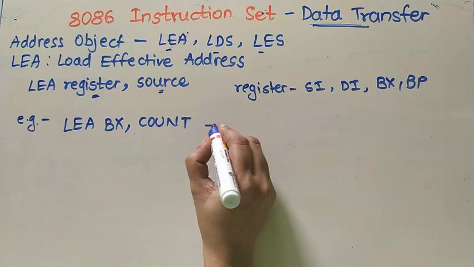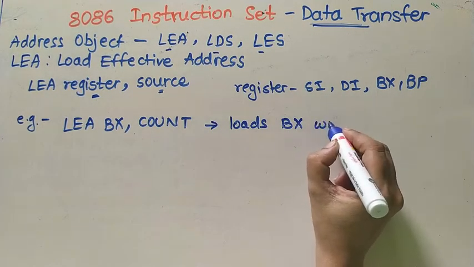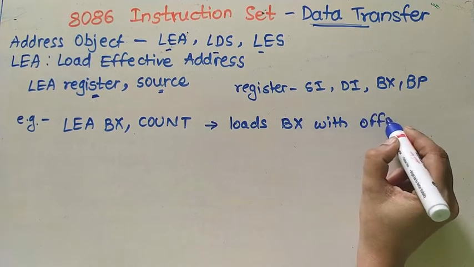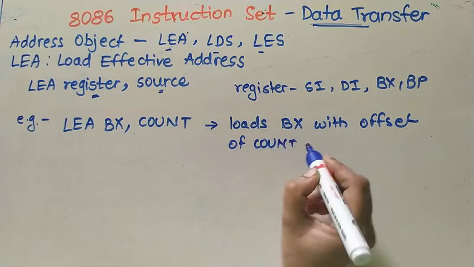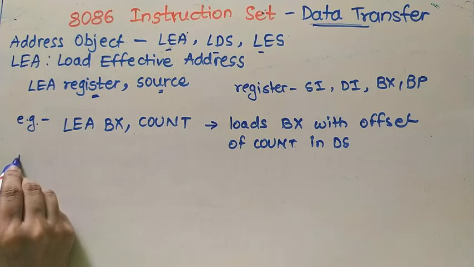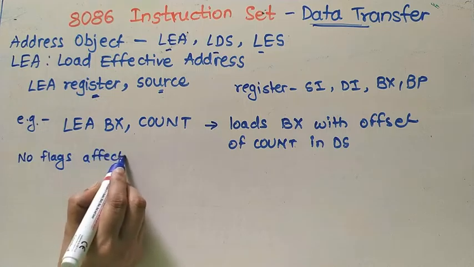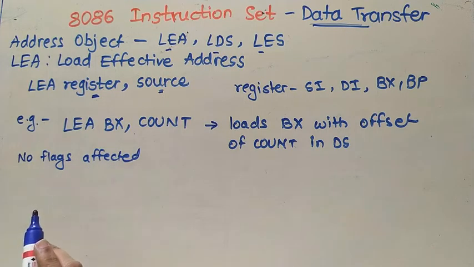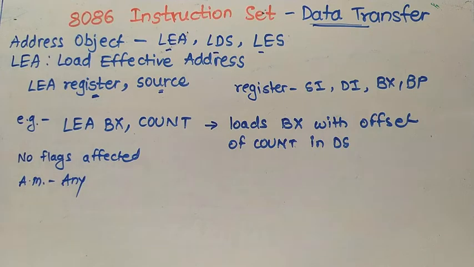So this instruction loads BX with the offset of count in the data segment. No flags get affected. Any addressing mode is possible for this instruction. So it is load effective address.